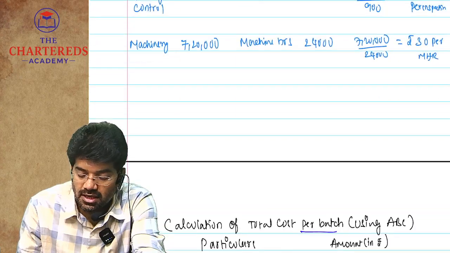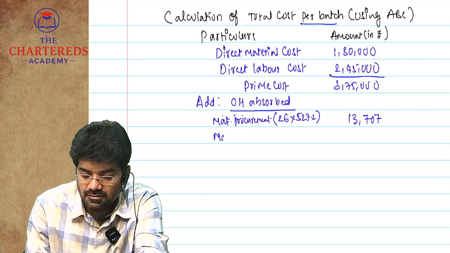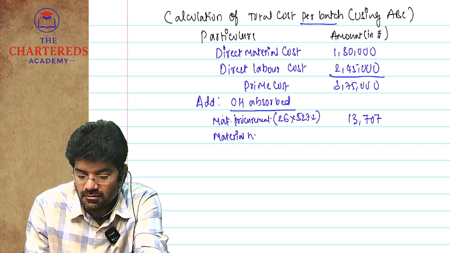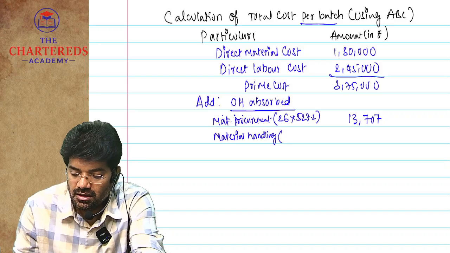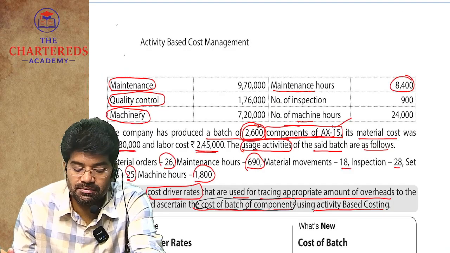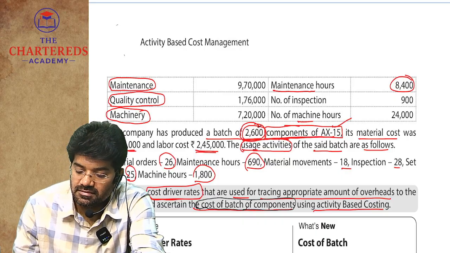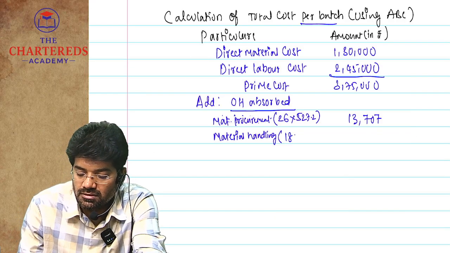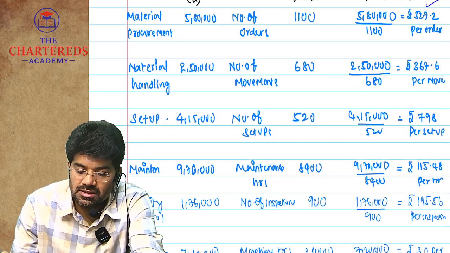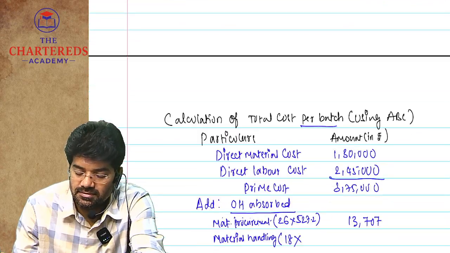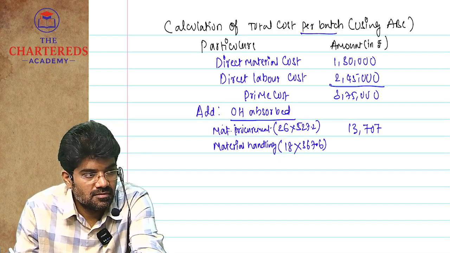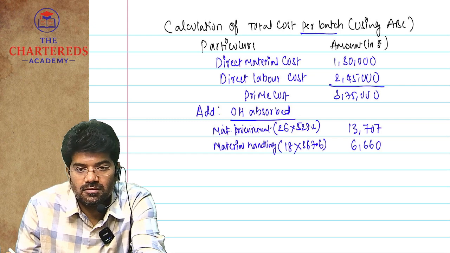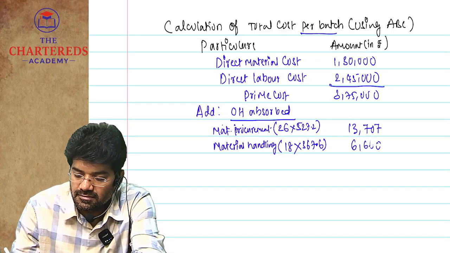Second activity is material handling. How many movements were used up for this batch? 18. 18 into the rate we got for this activity, 367.6, gives 6,617 after rounding.